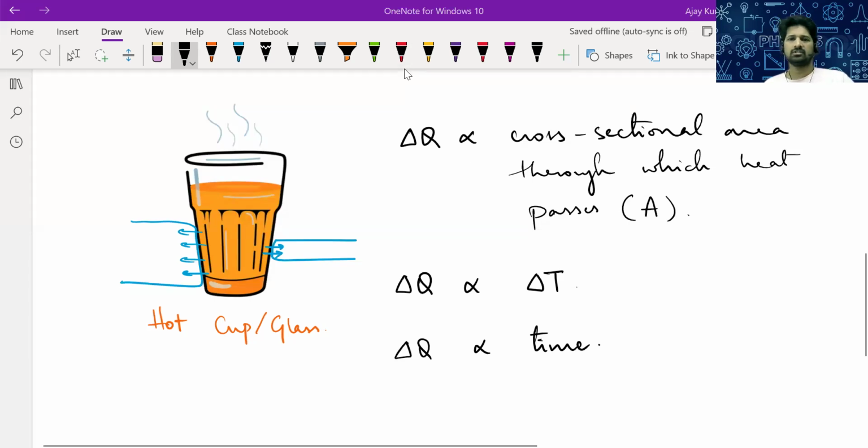Is it safer to hold something hot directly, or is it safer to hold it by wrapping a cloth around it, provided you maintain sufficient grip? Wrapping a cloth around it is the safer option. Why? How does wrapping a cloth around it help?